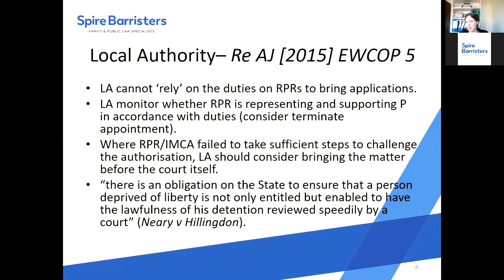In my view, there's nothing wrong with you as the local authority discussing this with an RPR, saying, well, it looks like P is objecting, are you intending on bringing an application, and actually having that dialogue. What I'd say though is, if you are concerned, and if there is a clear objection and you're not seeing an application coming through, you are under a duty to bring it to the court's attention. And if you don't, and the delays come and come, then you will ultimately be criticised for failing to do so.